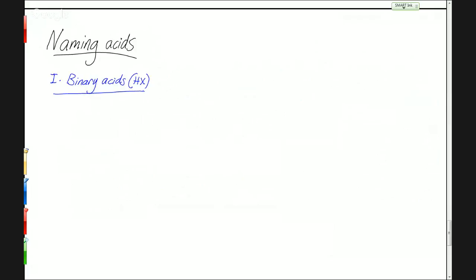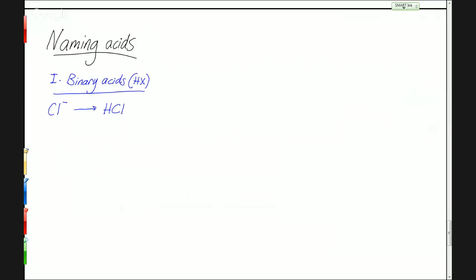Now, generally the acids are named based on their ions. So we look at what that X is, and then we make an acid out of it, and then we name the acid. So if we think about chloride, chloride has a -1 charge. So if we want to put some hydrogen with it, we would make HCl.